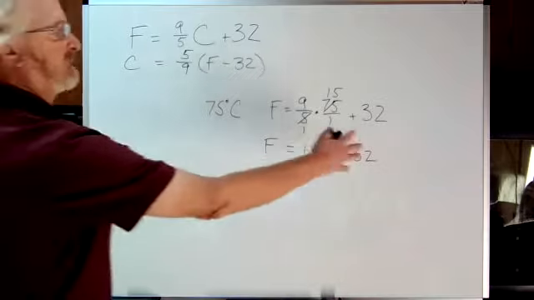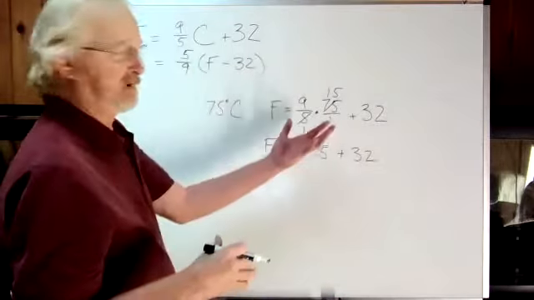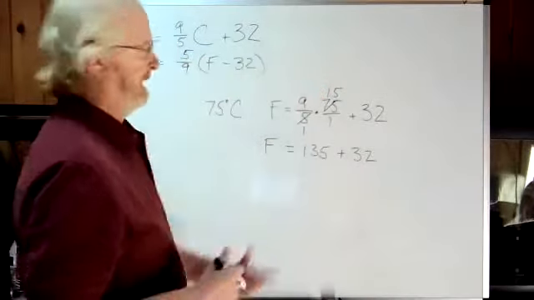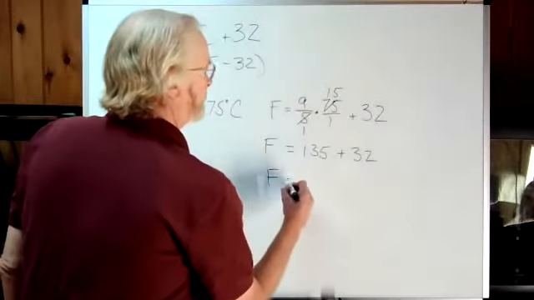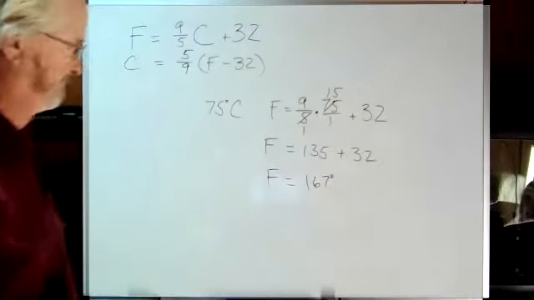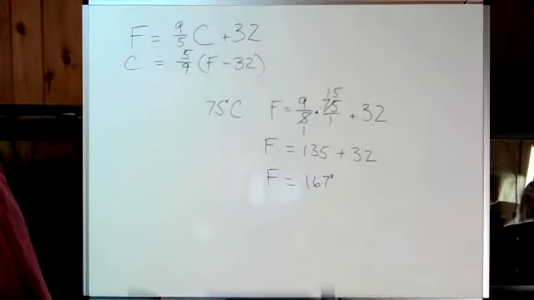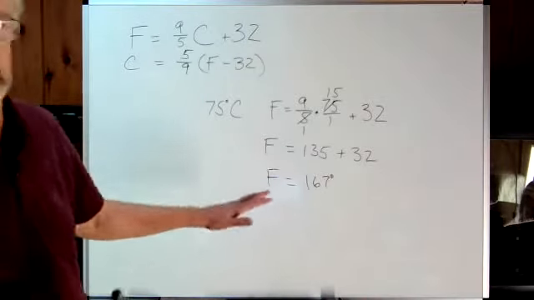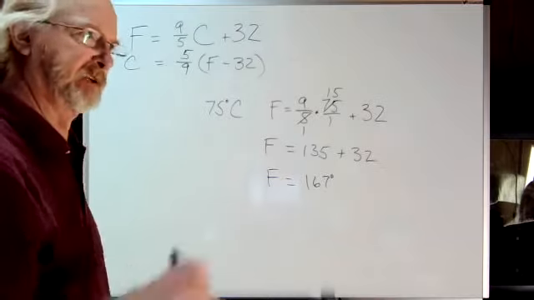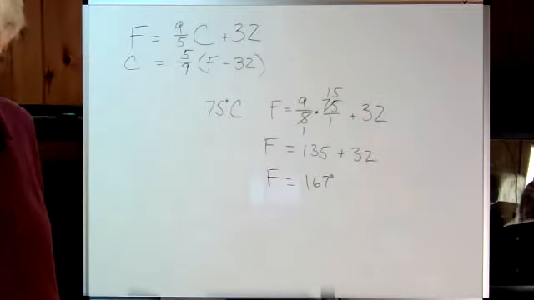Following order of operations rules, I multiplied that part first. Now I'm going to add, and the temperature will be 167, right? Probably just right for green tea or something. Make your meat at least 167 degrees. Yeah, too hot for outside.